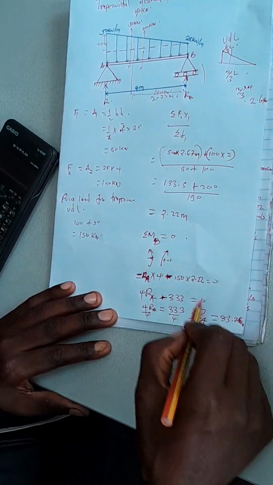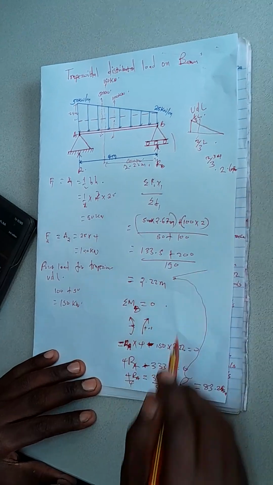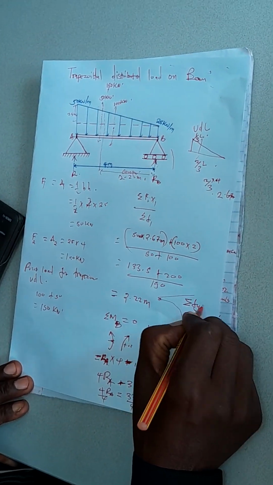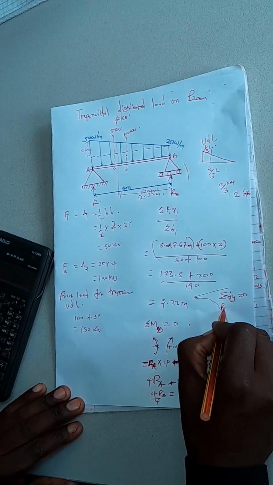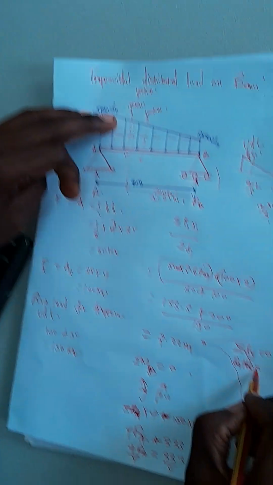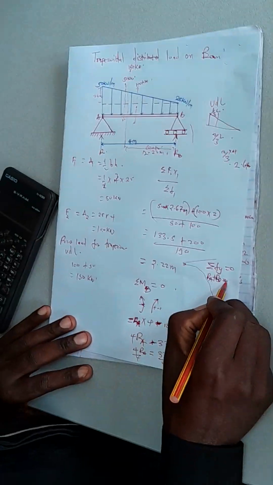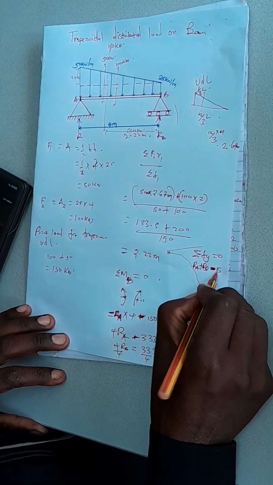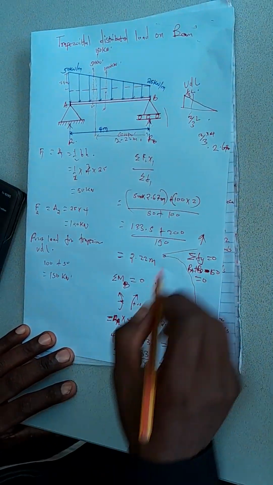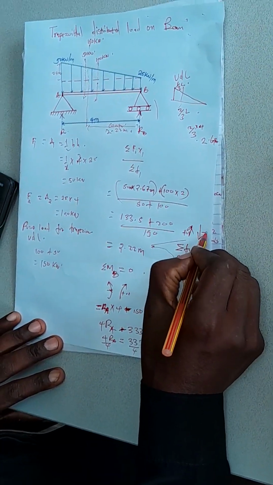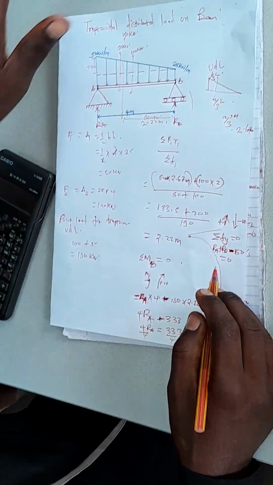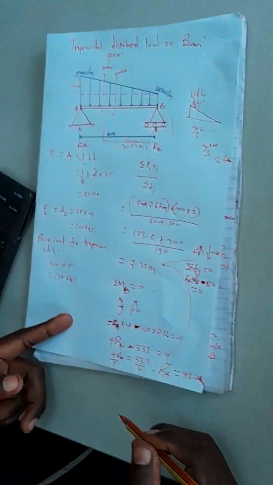Let's work for RB. We are going to take the vertical components, that is the summation of Fy is equal to 0. That is RA plus RB minus 150 is equal to 0. Why do we say that? Because upward we take as positive, and downward we take as negative. So upwards are RA and RB, then the point load becomes downward.